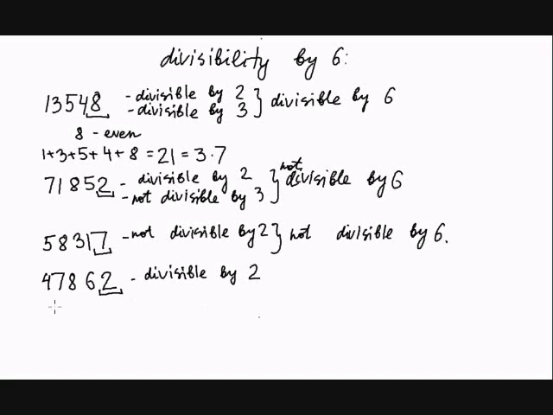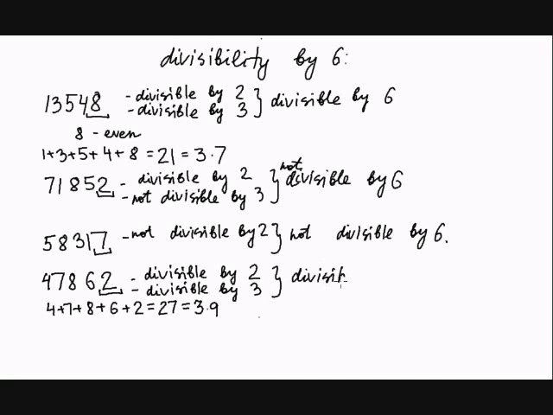To check the divisibility by 3, we're going to add all these digits: 4 plus 7 plus 8 plus 6 plus 2. 4 plus 7 is 11, 11 plus 8 is 19, 19 plus 6 is 25, 25 plus 2 is 27, and 27 is a multiple of 3, therefore 47,862 is also divisible by 3. So we conclude that the whole number is divisible by 6.